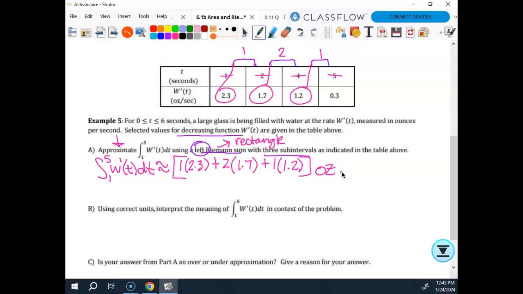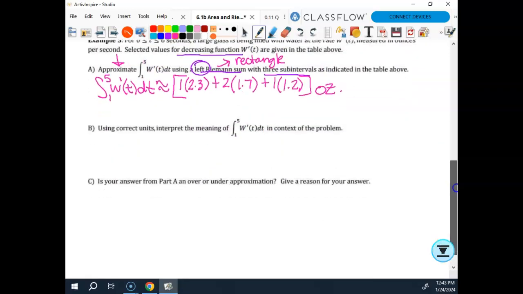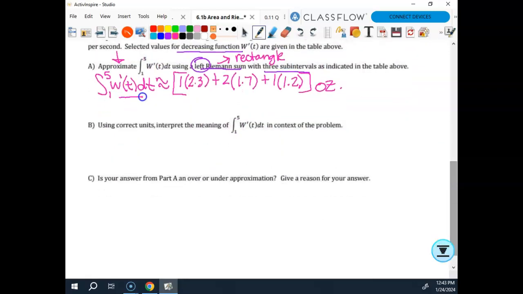All right, so then it says, using correct units, interpret the meaning of this right here in the context of the problem. So if I had the actual number, like 5 or whatever it is, I have no idea and I don't care and I don't want you to figure it out. I want you to leave it like that. So you have just identified that this is approximately this right here. So you don't have to write out those numbers again. It has a name.